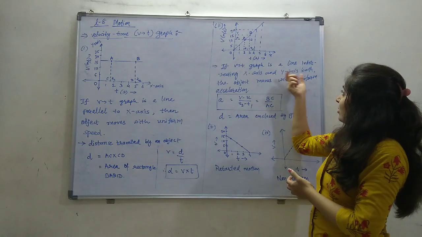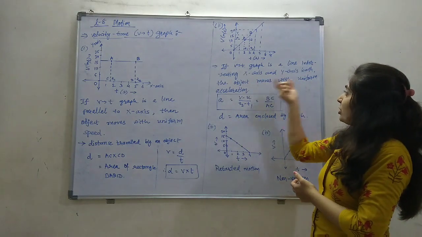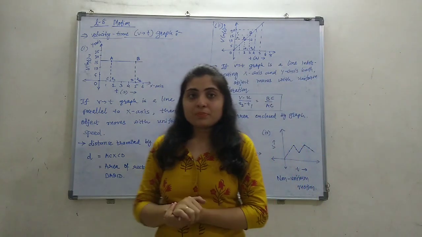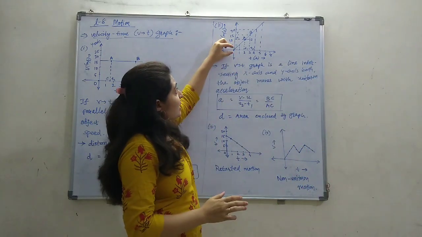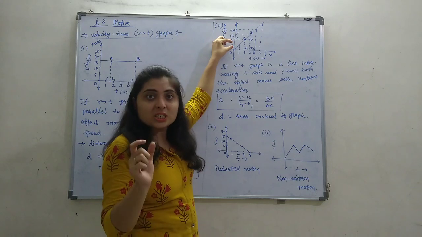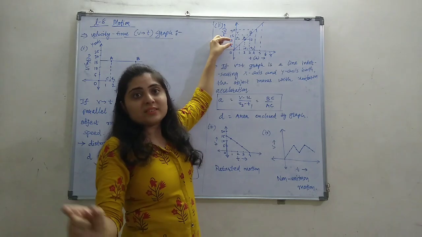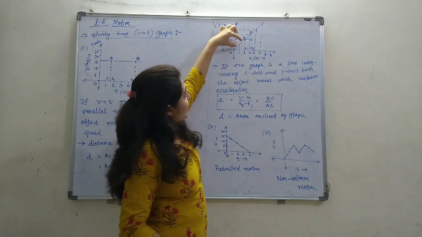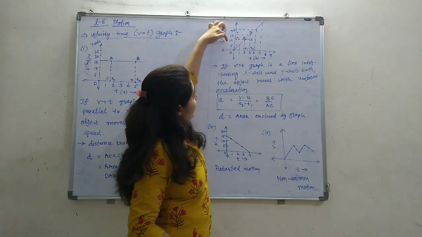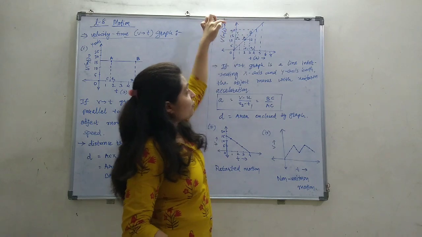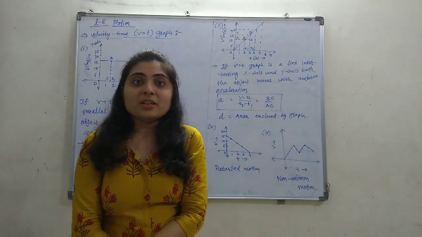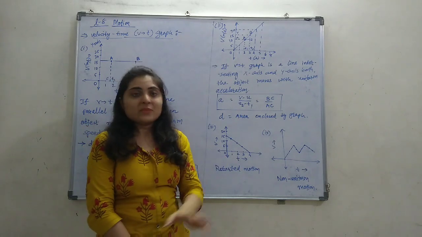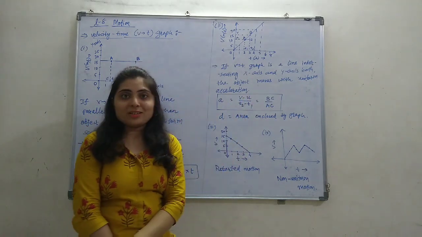But the object moves with uniform acceleration, meaning the acceleration is the same. There is a change in velocity, but the change is the same. Every time there is a change of 5. At every 1 second, there is a change of 5 meter per second. So the change is the same, that's why acceleration is the same. That is called uniform acceleration.